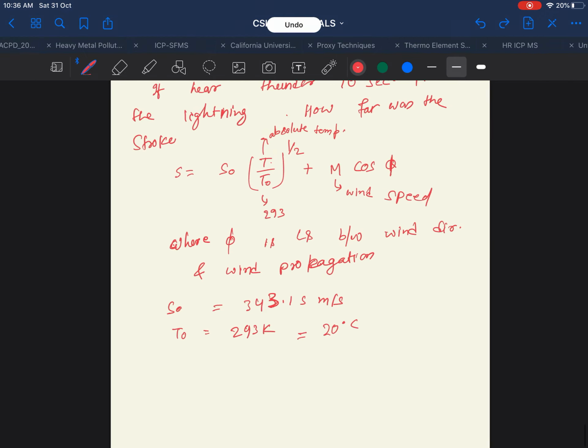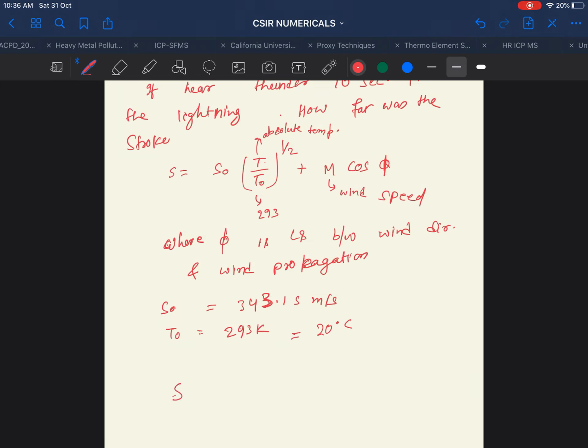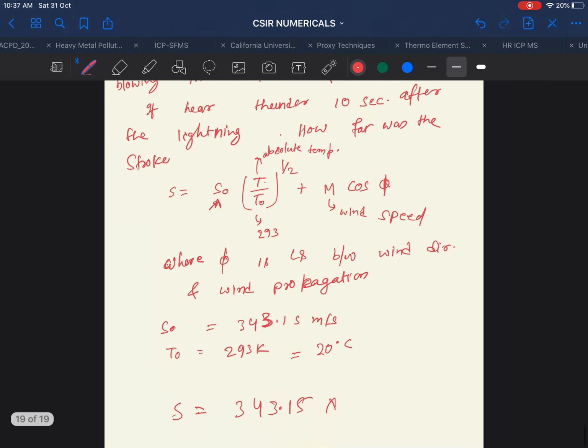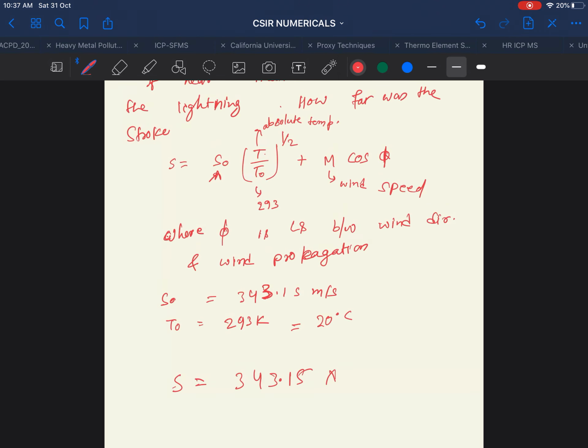So now let's solve. It's very easy. We have to find S, right? This is 343.15, S naught, 343.15 into T, where our T is 30 plus 273.